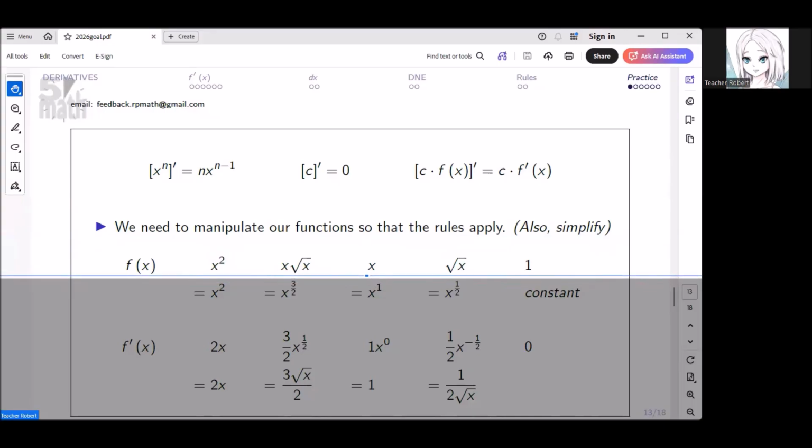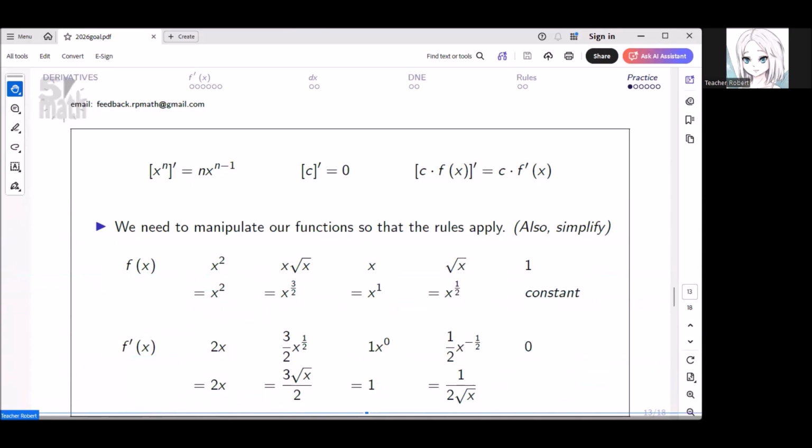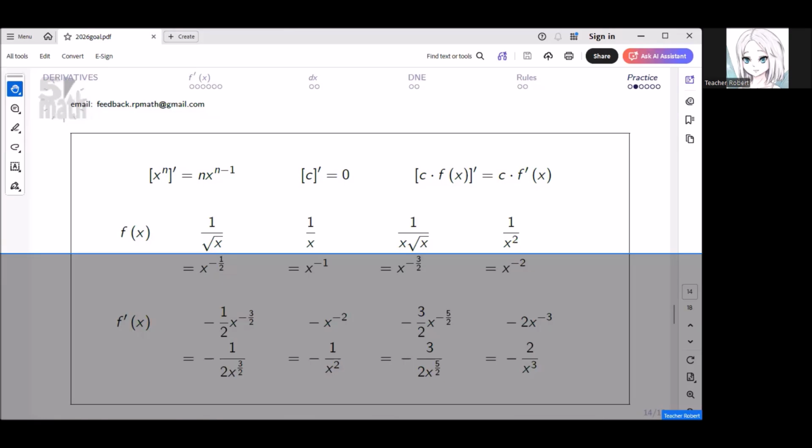Find the derivatives of x², x√x, x, √x, and 1. And we have the following. Find the derivatives of 1/√x, 1/x, 1/(x√x), 1/x².